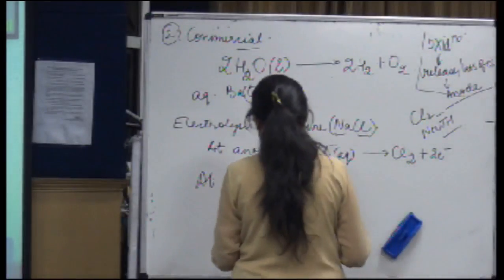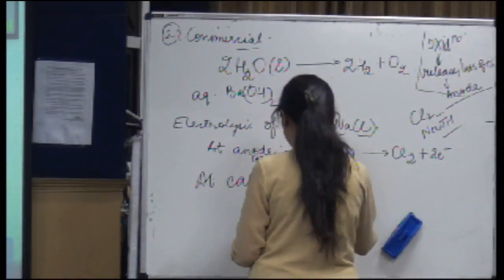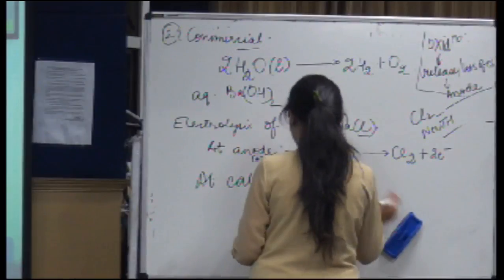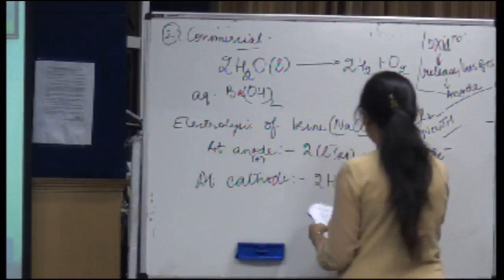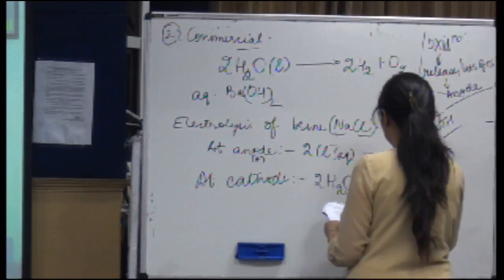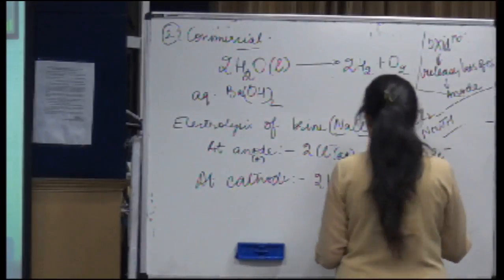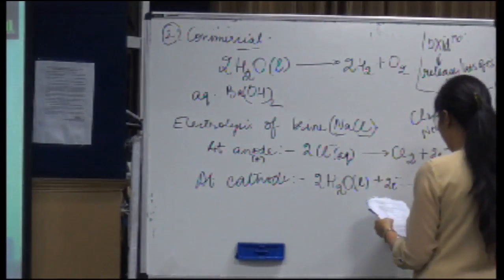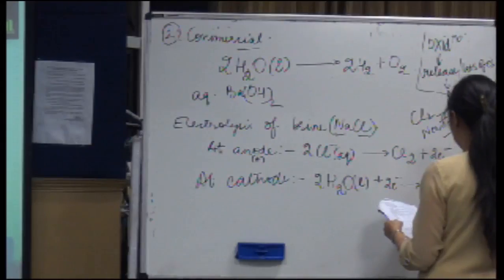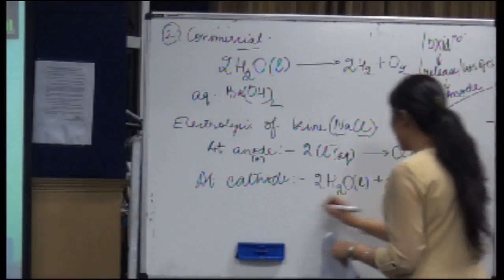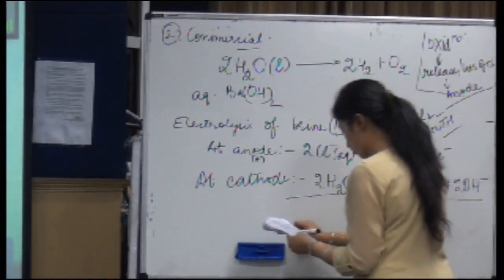At cathode, what will happen is you have the reaction for cathode as you have 2H2O liquid form reacting with 2 electrons forming your H2 plus 2OH minus, and then you can write down the net reaction.